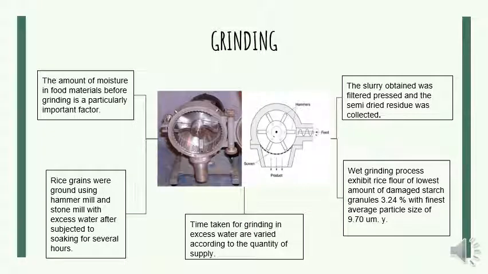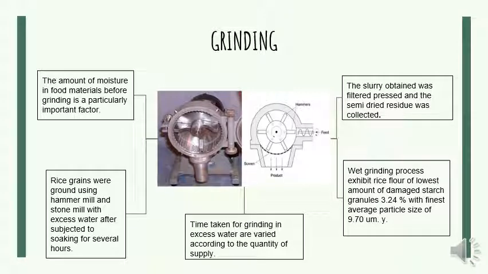So next is the grinding in excess water. Many parameters are involved in the grinding process and are related to the materials, such as the grinding method and machinery, grinding time, and the strength and moisture content of the material, which affect the powder characteristics. The amount of moisture in food materials before grinding is a particularly important factor because it helps determine the material's physical properties and the powder properties.